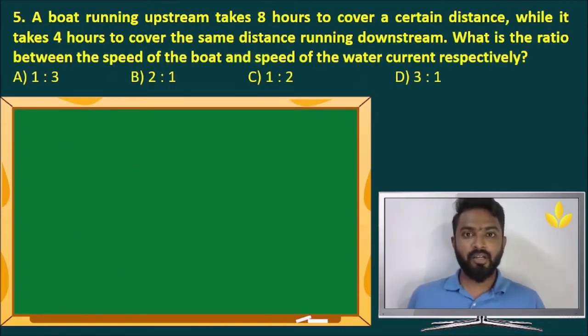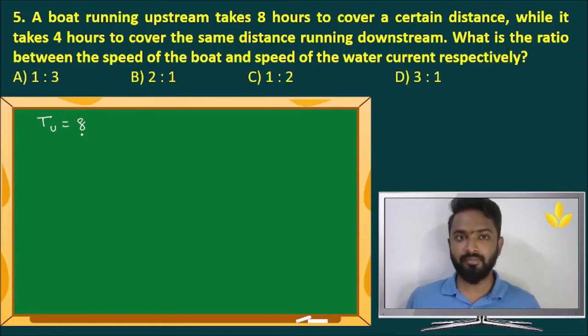A boat running upstream takes 8 hours to cover a certain distance. Okay, time taken for upstream is 8 hours. While it takes 4 hours to cover the same distance running downstream. So time taken for downstream equals 4 hours. What is the ratio between the speed of the boat and the speed of the current respectively?